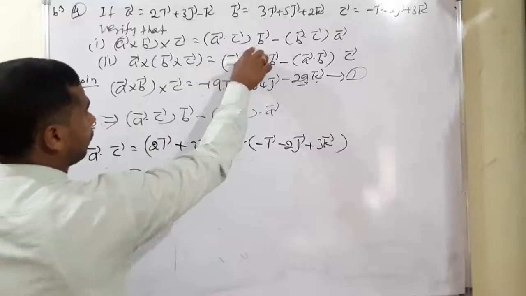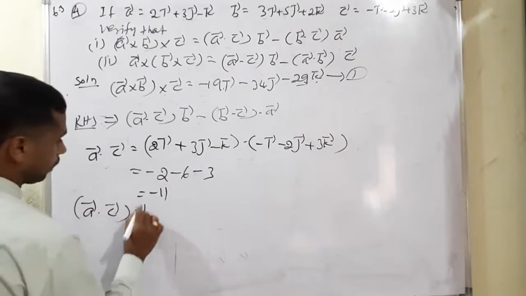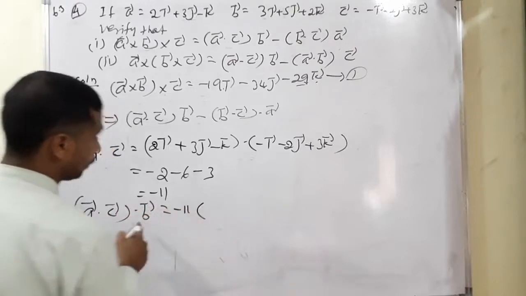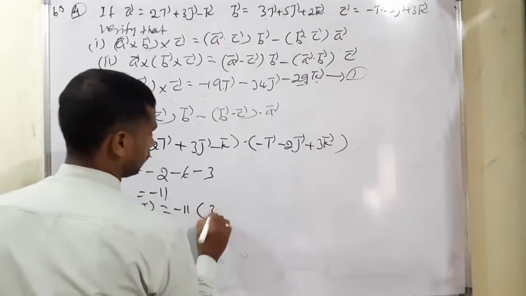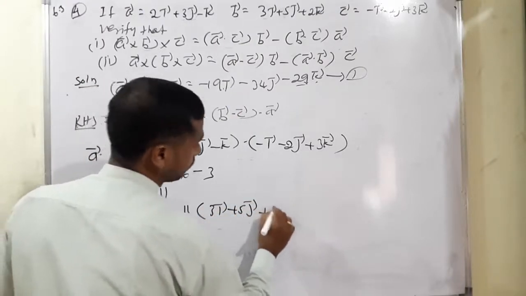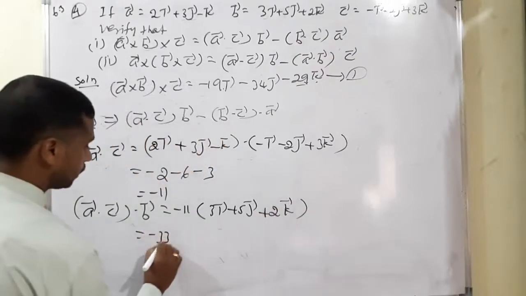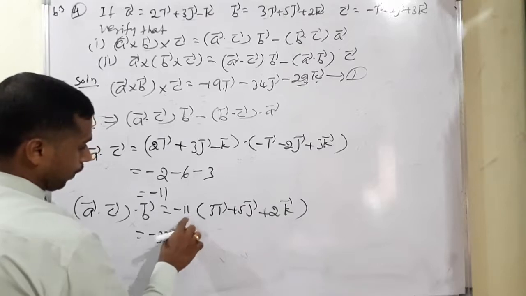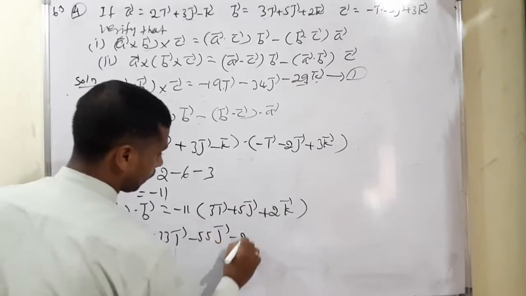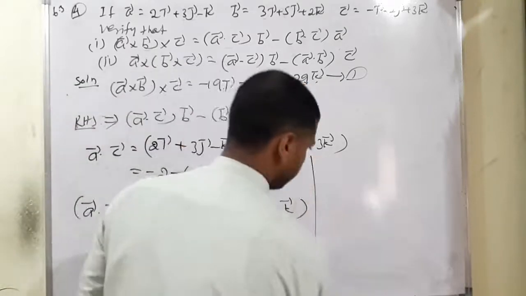Then dot b vector. So a vector dot c times b vector is minus 11 into b vector, which is 3i vector plus 5j vector plus 2k vector: minus 11 into 3 is minus 33 i vector, 5 into minus 11 is minus 55 j vector, 2 into minus 11 is minus 22 k vector. Next condition.